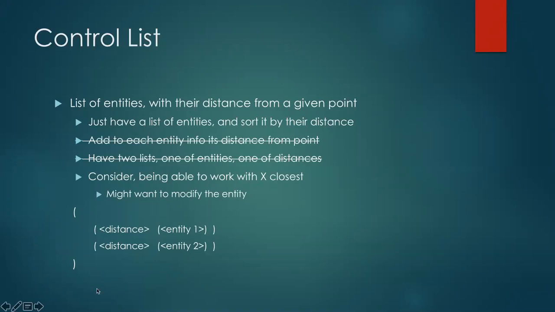Or maybe I want to come up with a standard data structure that I can use for any purpose. You can break your brain on this, but for this purpose, I'm thinking the simpler the better. I want to make a very simple control list for this one purpose, and we'll go from there.